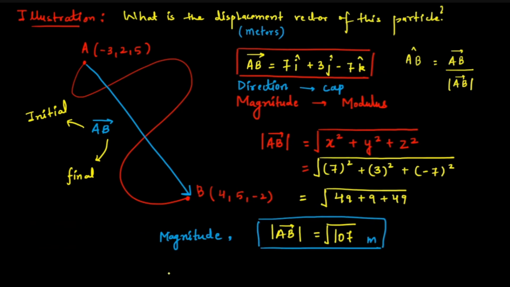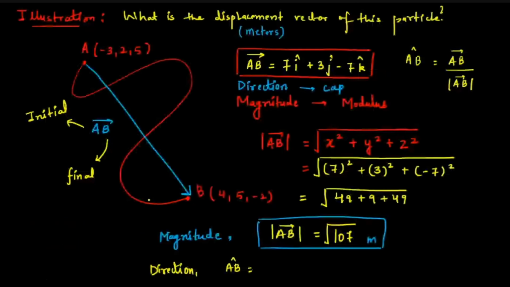So the direction is going to be AB cap, which equals, just write the vector as it is, whatever vector we have got here, which we have solved, and simply divide it by its magnitude.